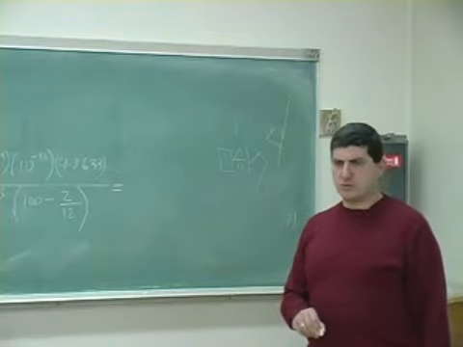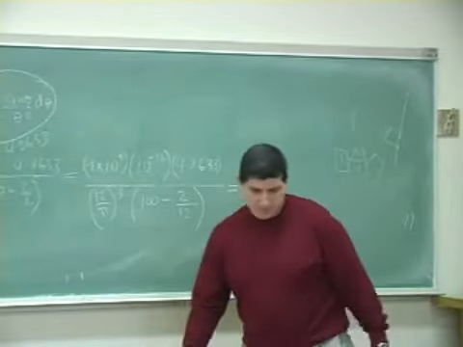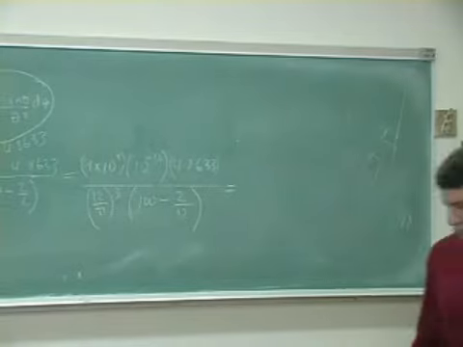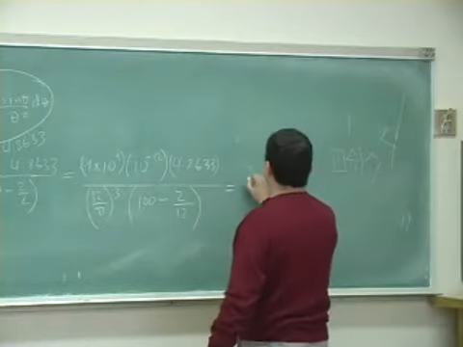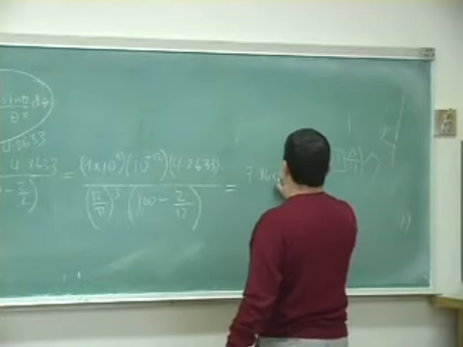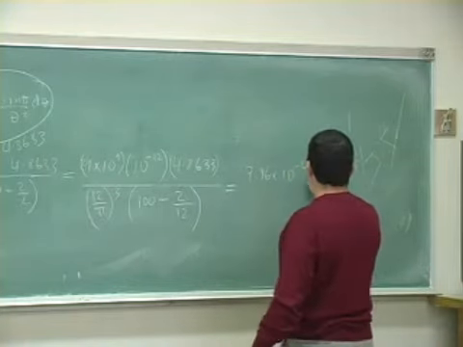Oh, that's way too small. Oh, it's too small, huh? But we predicted that... 7.86 times 10 to the negative 6 Newtons.